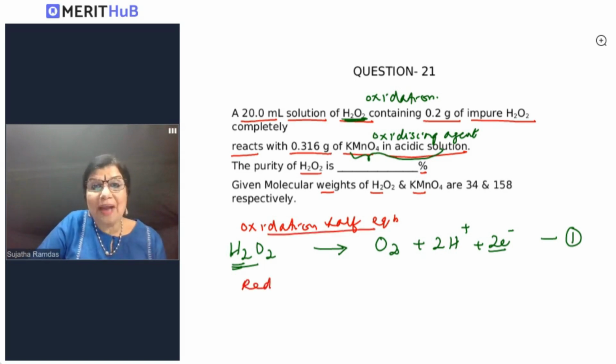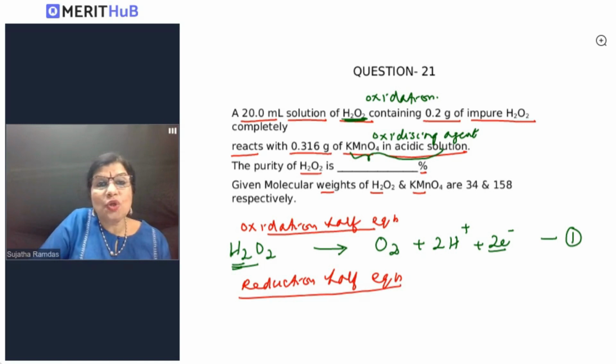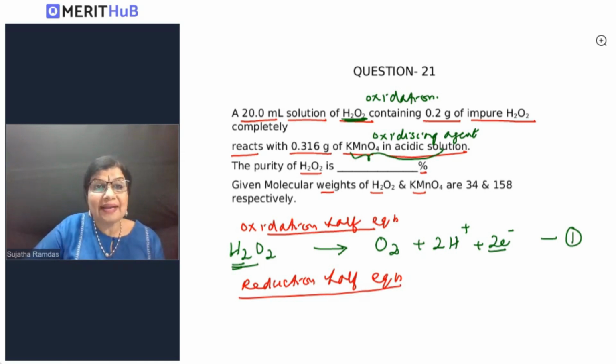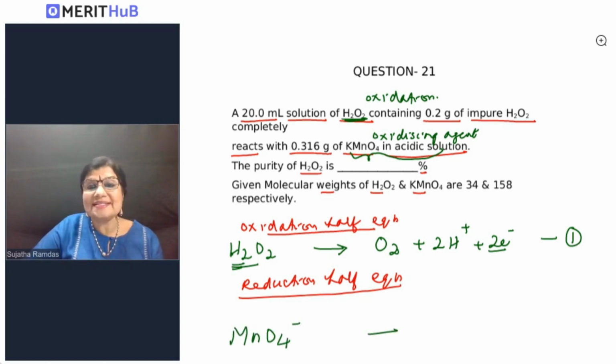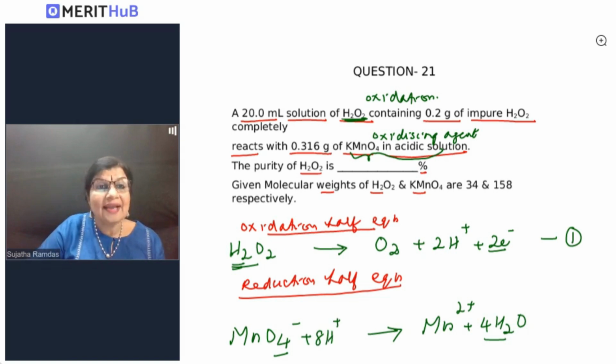Now let's try to balance the reduction half equation. Okay, so we know that potassium permanganate is undergoing reduction. So let's write the ionic equation. MnO4 minus is getting reduced to Mn2 plus. There are 4 oxygen atoms here, hence we add 4 molecules of water. There are 8 hydrogens on the right hand side, and hence we add 8 hydrogen ions on the left hand side.